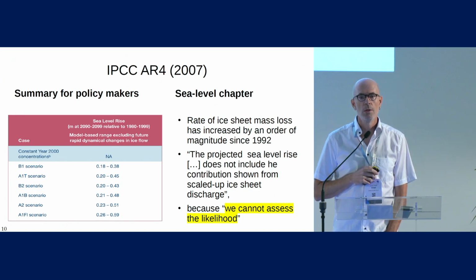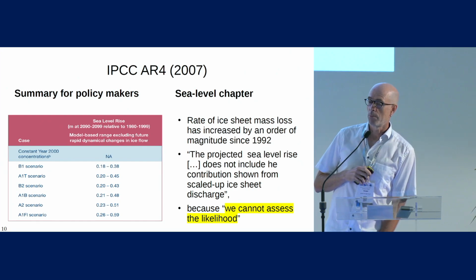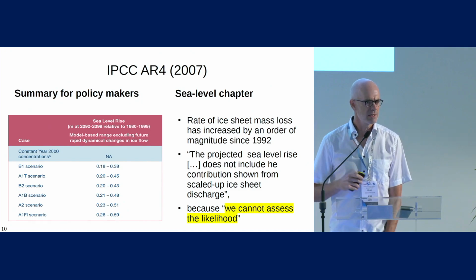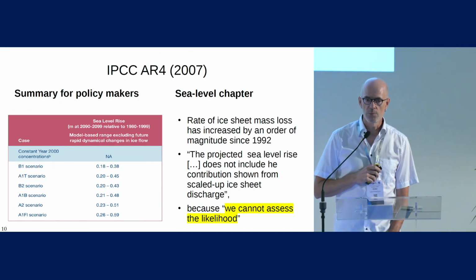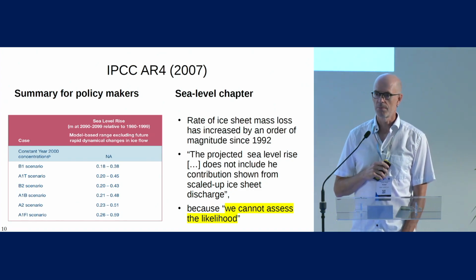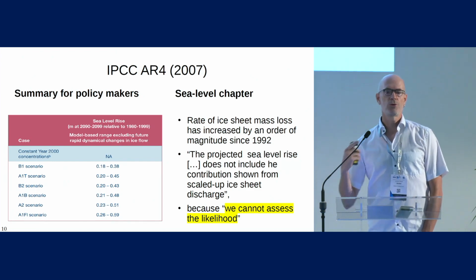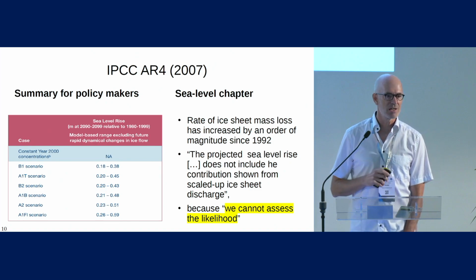It also said that it might be just a transient phenomenon, but if we upscale the acceleration, it would have been 17 additional centimeters by the end of the century. But the justification for not putting that into the table was, well, we cannot assess the likelihood.